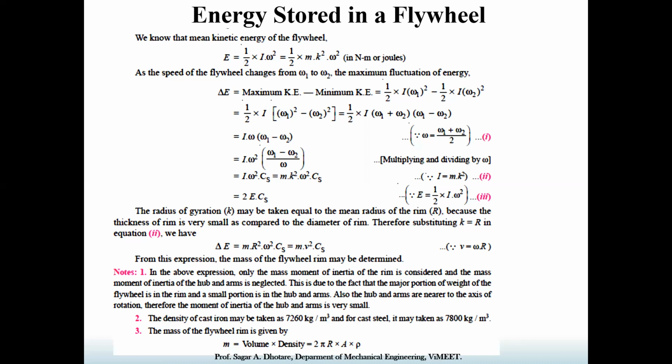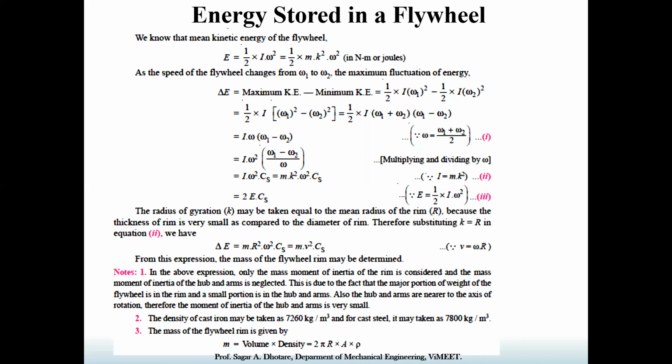Some things need to be identified that are mentioned over here. In the above equation, only the mass moment of inertia of the rim is considered. The mass moment of inertia of the hub and arms is neglected.